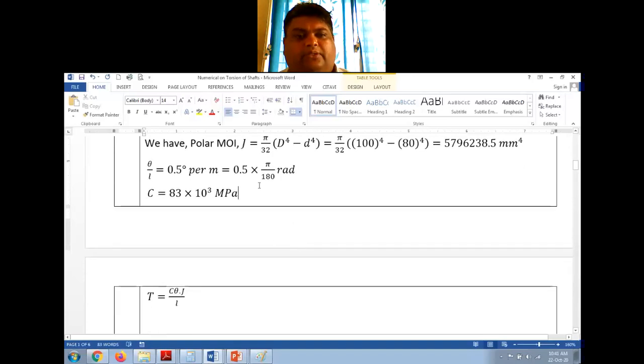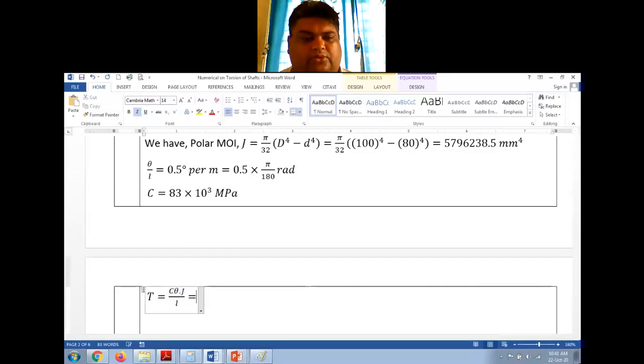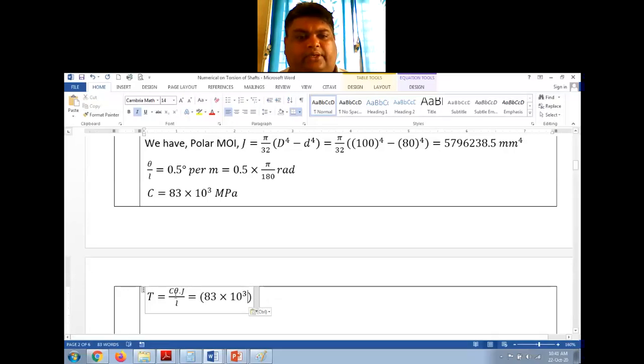Now I have to put these values in this expression. C is this much. So this is equal to, C is, I'll put it in a bracket, 83 into 10 raised to 3.